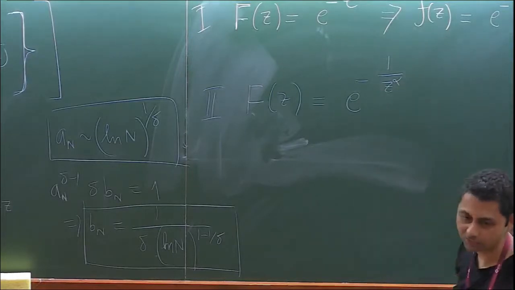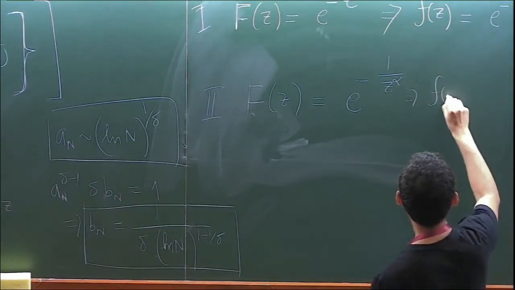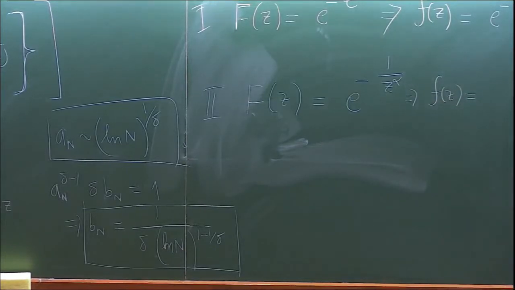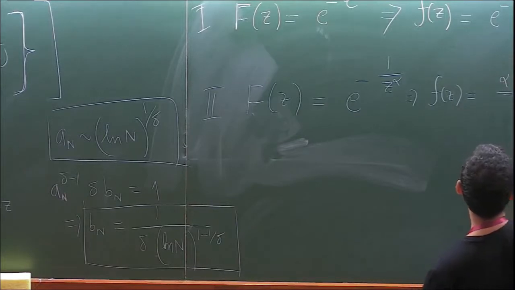How does this function behave? Let me also write the f of z, which is the derivative of this. So what is the derivative? E to the power minus 1 by z to the power alpha, times 1 over z to the power 1 plus alpha.